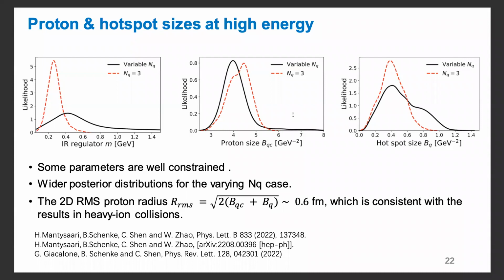Have you heard about this? Heard about what? So at HERA, when they fit the famous H1 data, at the time they had a lot of fits, and they got this gluon proton RMS of about 0.6 fermi. Then they asked, how can that compare to the charge radius?